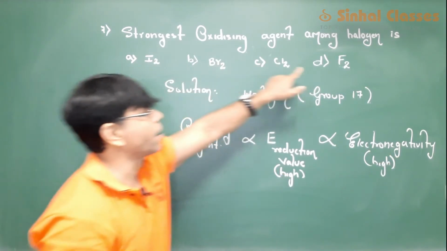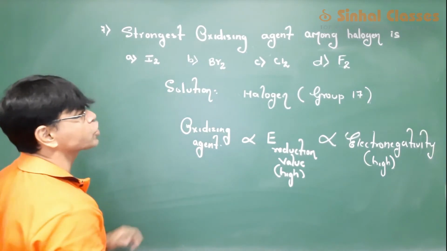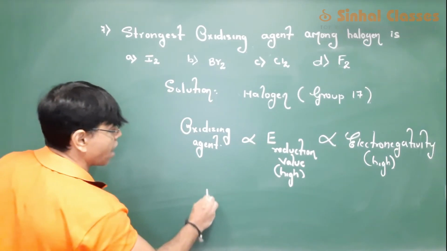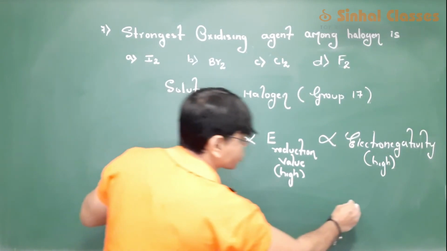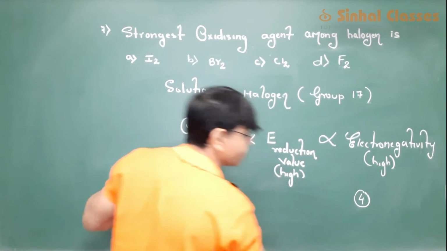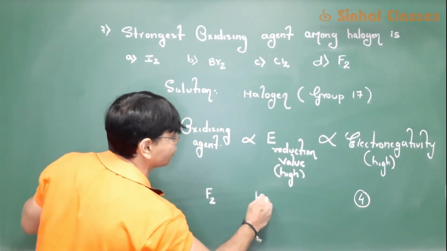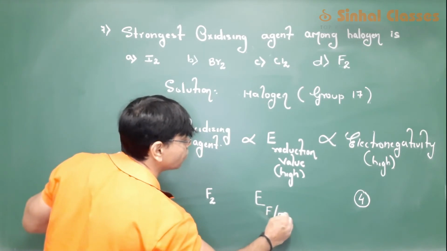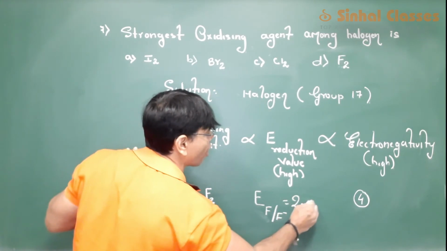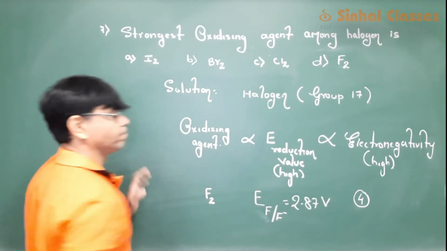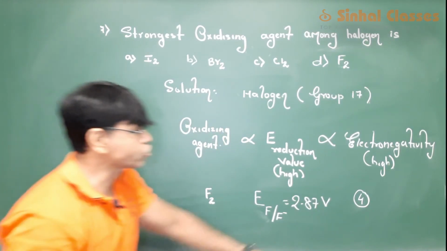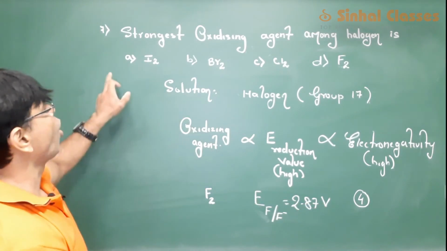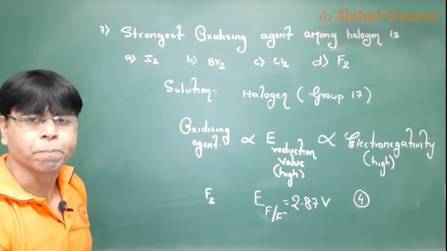So if you see among them, the one which is highly electronegative, we already know it, it is fluorine. F2 has an electronegativity of 4 and its reduction value is 2.87 volt, more than any other element in that group.